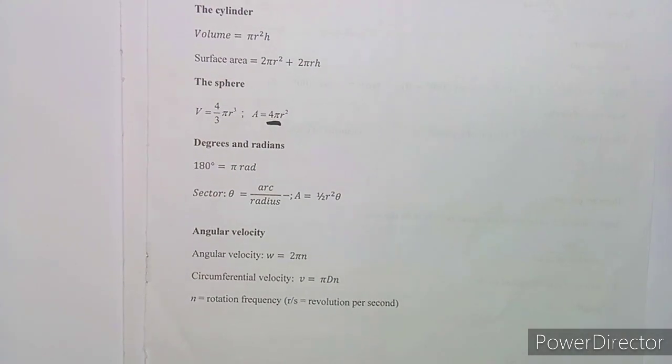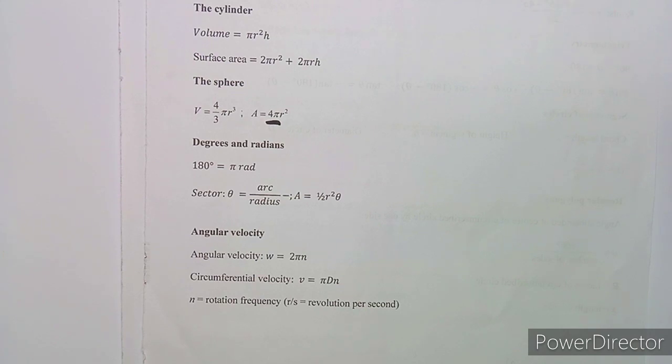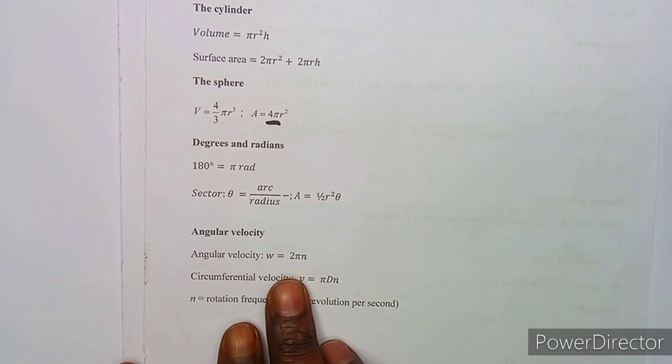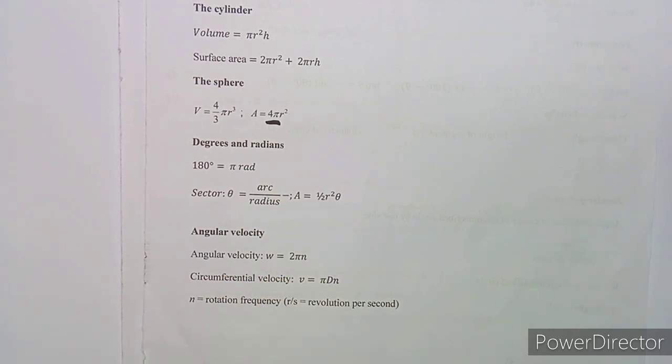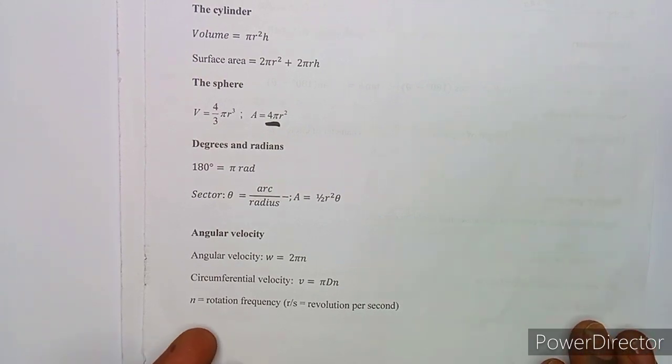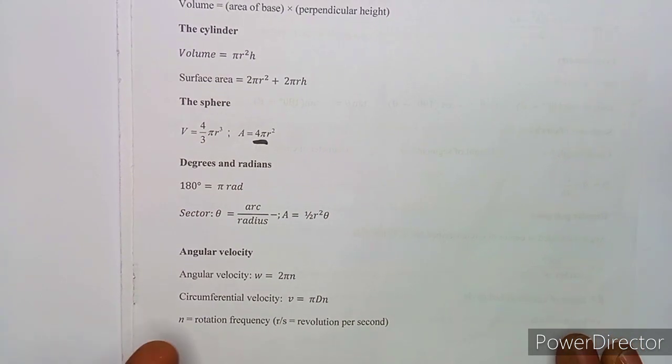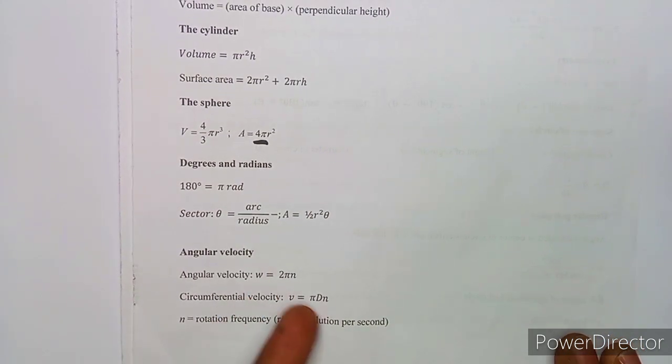So this is what we have here whenever we are working with the angular velocity. These are the formulas that you'll be given, but we do not have anything that is going to link here, because we have the velocity in meters per second.